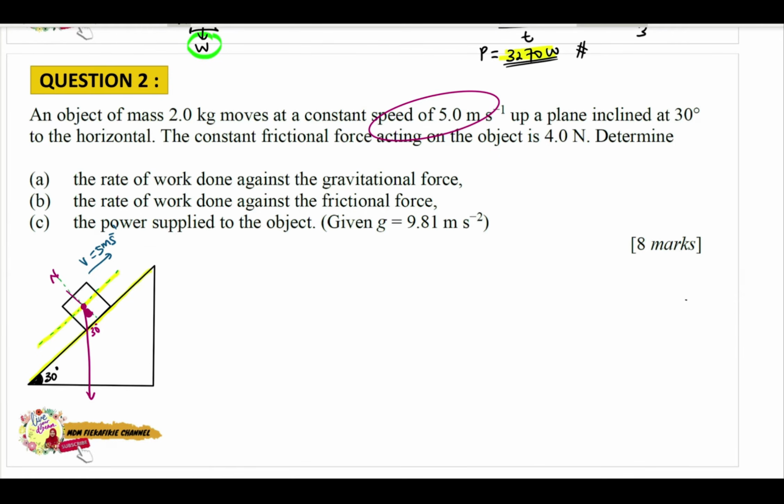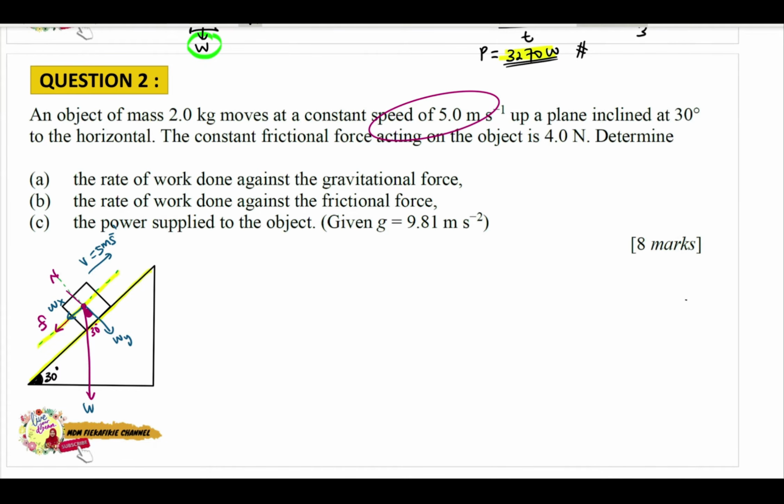That means the frictional force must be in the opposite direction. If you want to resolve W into WY and WX, it doesn't matter. You can resolve W into WY and also WX.